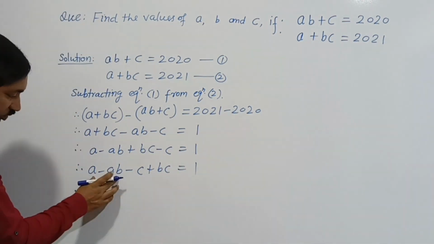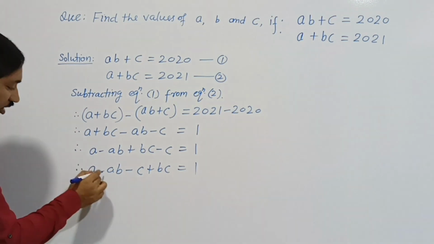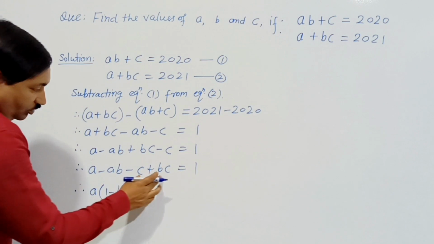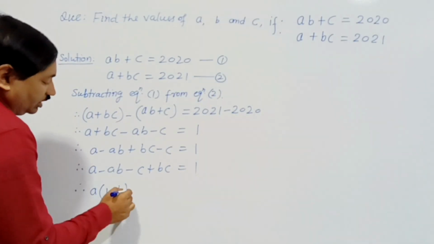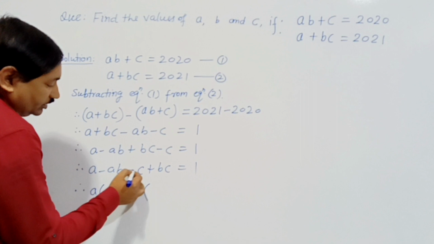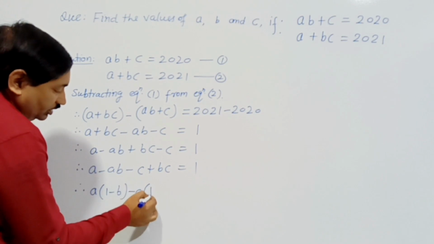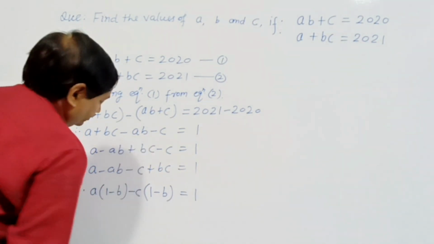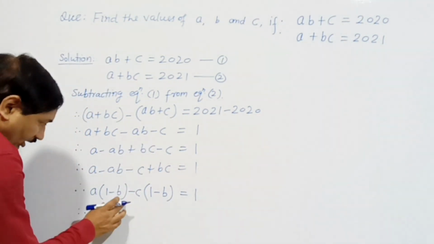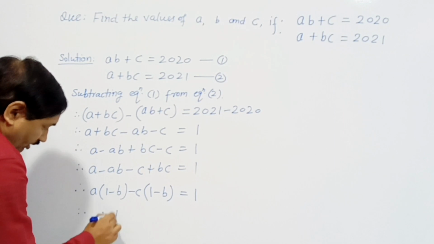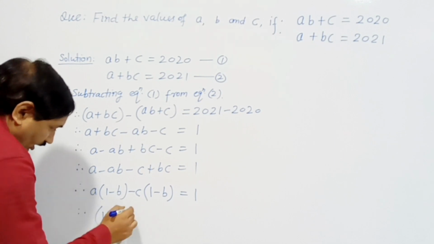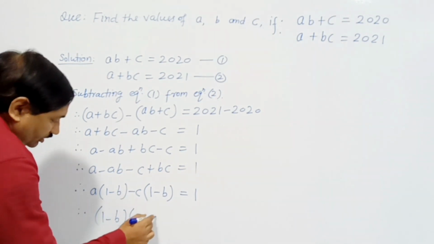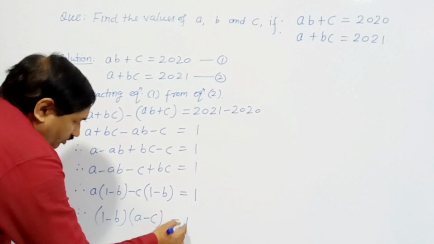What is common in the first two terms? Common is A, that is A(1 minus B). What is common in the next two terms? Minus C is common, so we get minus C(1 minus B) equals 1. Now 1 minus B is common again: (1 minus B) in one bracket, and in the next bracket the remaining terms, A minus C. So we write (1 minus B)(A minus C) equals 1.